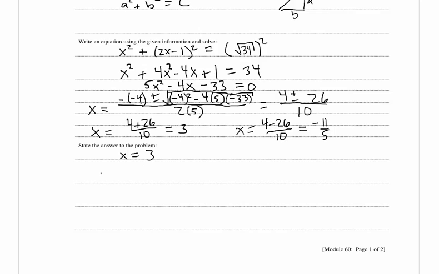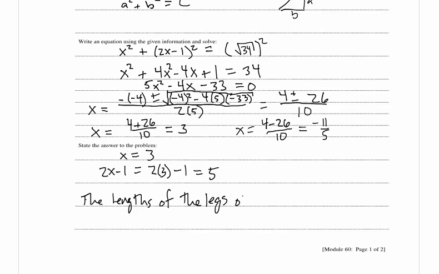And our other side was represented by 2x minus 1, which is equal to 2 times 3 minus 1, or 6 minus 1 is equal to 5. So then we could say that the lengths of the legs of the triangle are 3 inches and 5 inches.